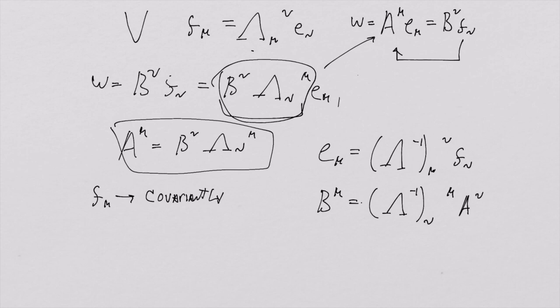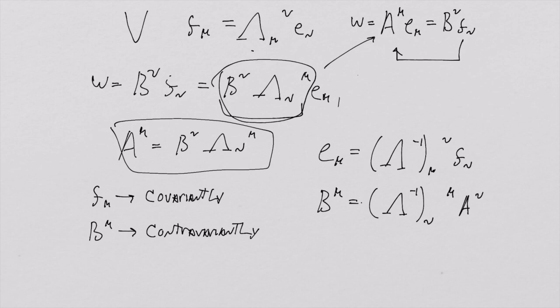And we say that the components, B mu, which use the inverse matrix, transform contravariantly. And this is the origin of the words covariant and contravariant.